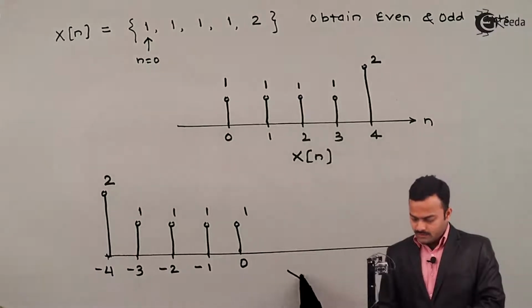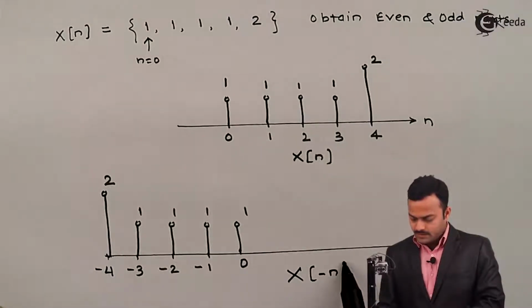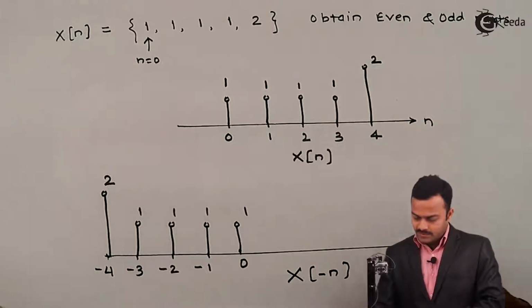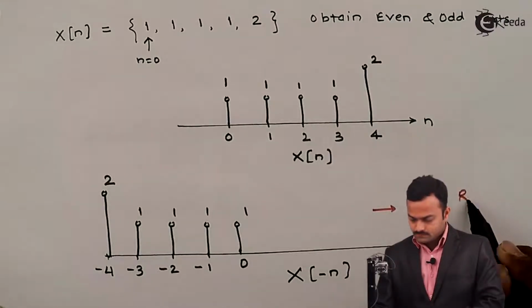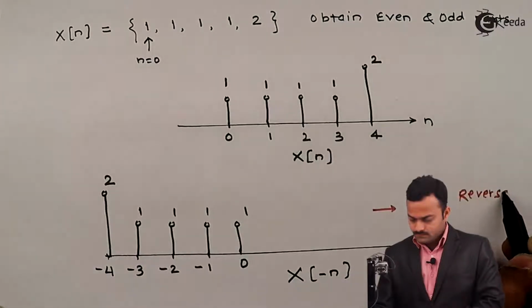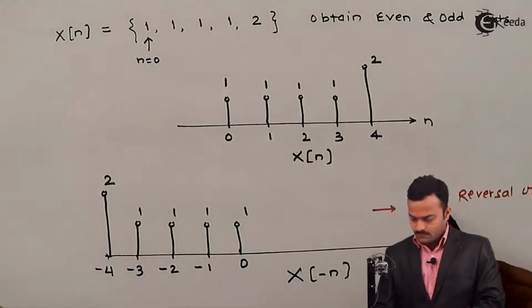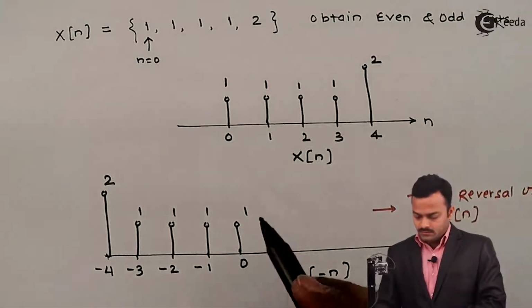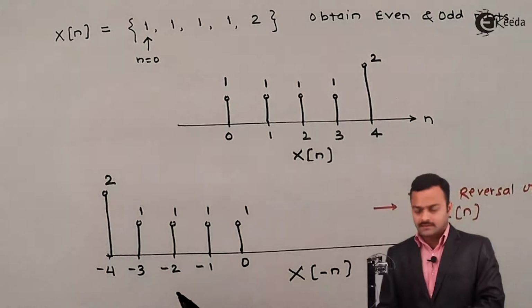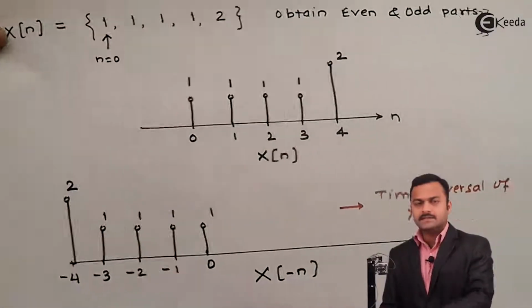So what we have done to get x of minus n is a time reversal of x of n. To get the even part, we need to add these two signals. So it will be like this.